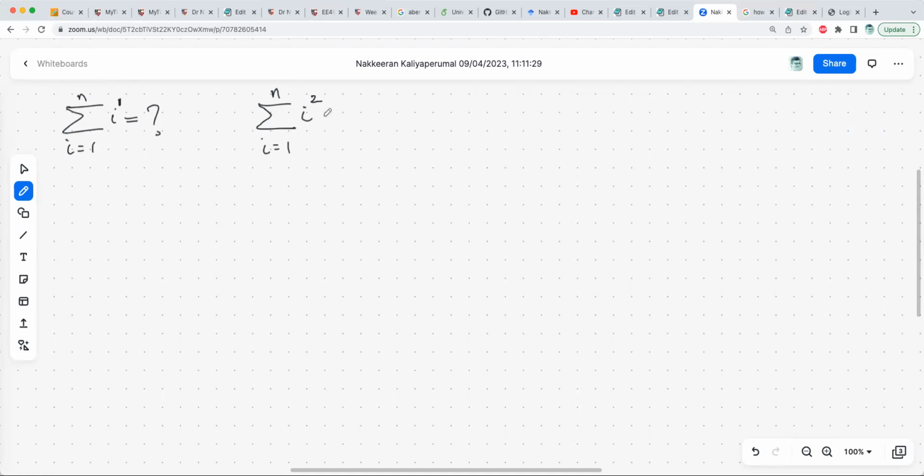What is this i squared going to do for us? This can be written as, let's split this, summation i equals 1 to n minus 1, b squared, plus the last term, right?